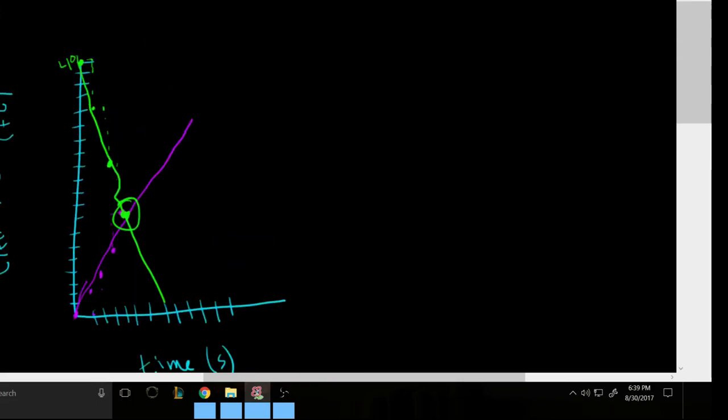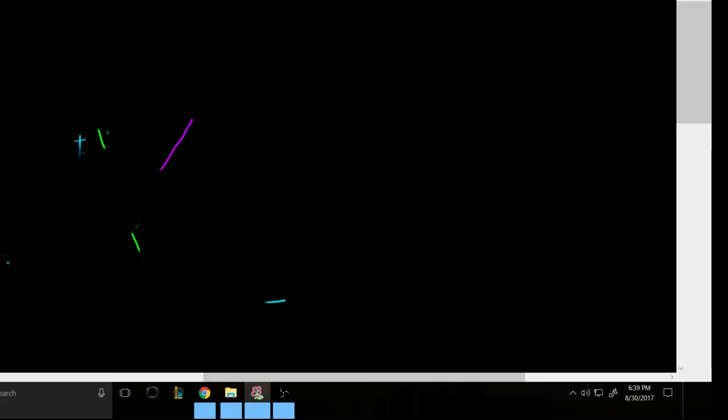Alrighty, let's go erase the top here so we can do the last problem of your study guide. Alright, so the last problem gives you some tables. I'll go ahead and write them out, and we'll look at them individually.